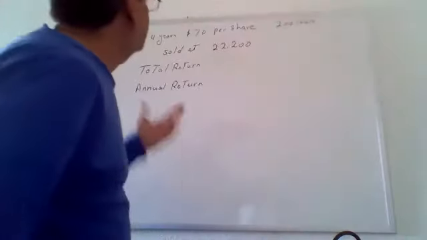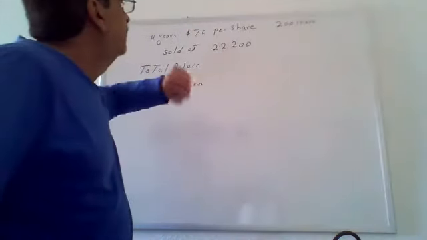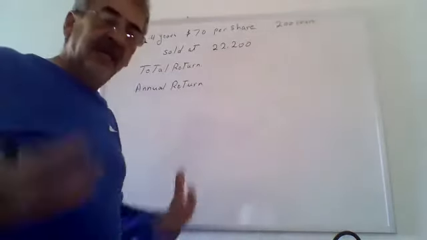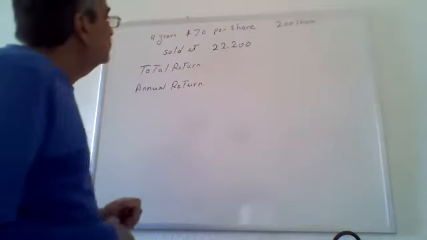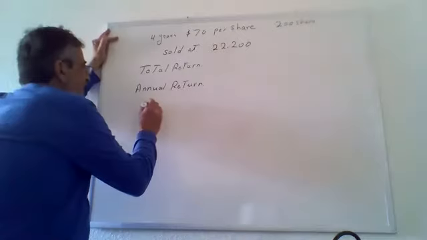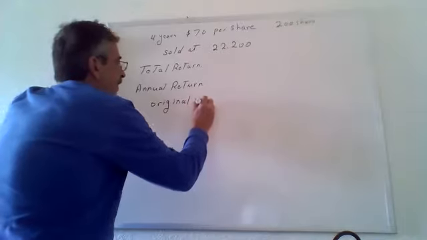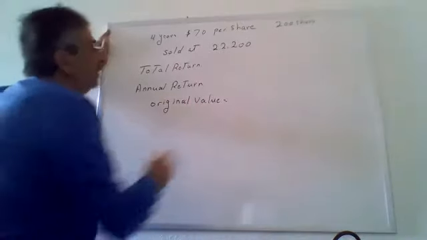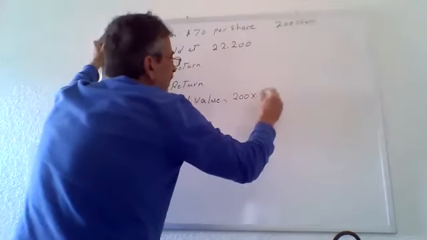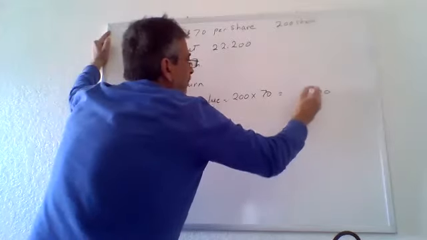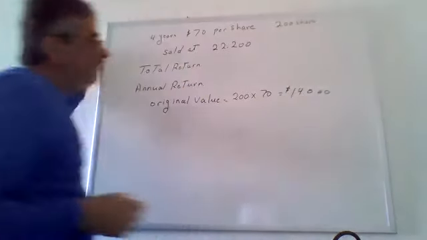So to figure out the total return, first we need to know the initial value of the stock. We need to know the final value of the stock. Then subtract these and divide by the original value. Starting with the original value: 200 times 70 is $14,000.